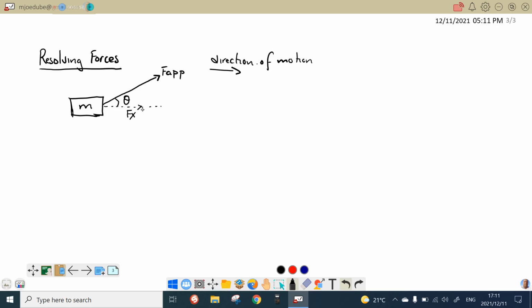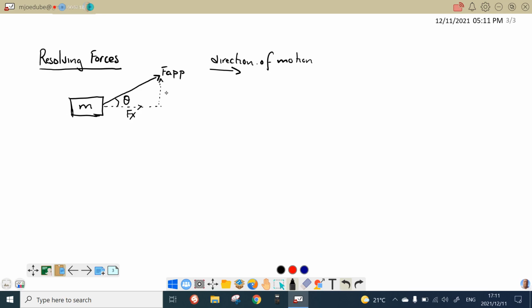At the same time, you need to be aware that there is a vertical component of this applied force. That vertical component would have a lifting effect on the object, even though it doesn't necessarily lift it off the ground.